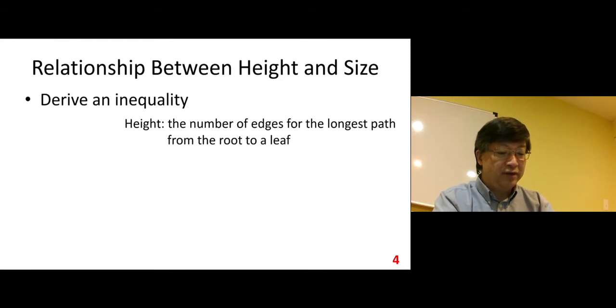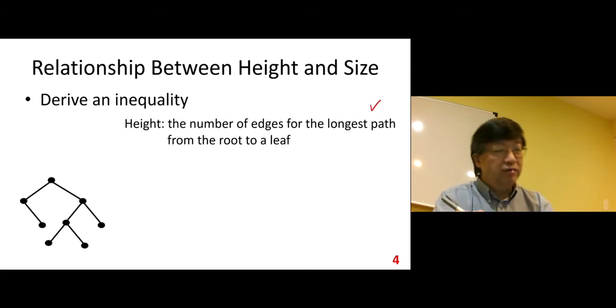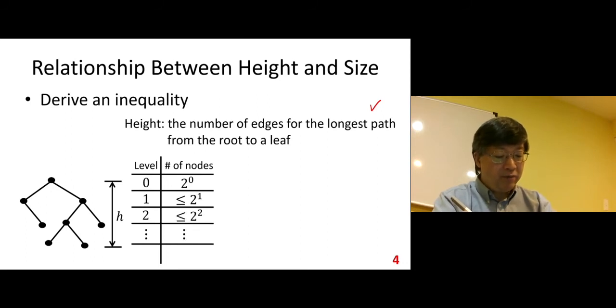Derive the inequality. We know the meaning of the height. For this general binary tree, with height h, we can look at the number of nodes at each level. We did that last time, remember? The same as what we did in B.4.